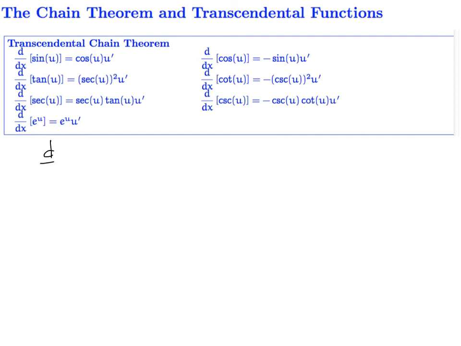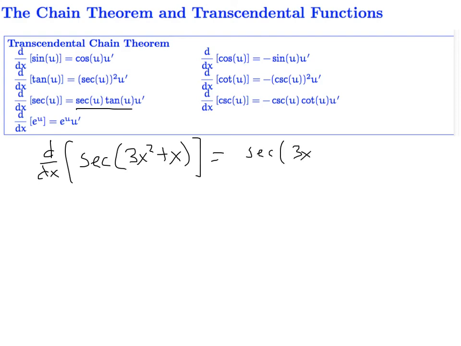Suppose you wanted to compute the derivative of the secant of 3x squared plus x. Well, we know what the derivative of secant is. The thing is, though, it's kind of funny. It's got these 2 parts to it. It's secant tangent. So this means the derivative of the outside function is secant, keep the inside function the same, times tangent, keep that inside function the same.